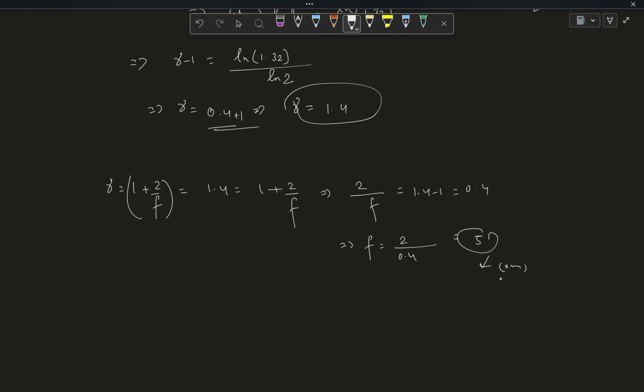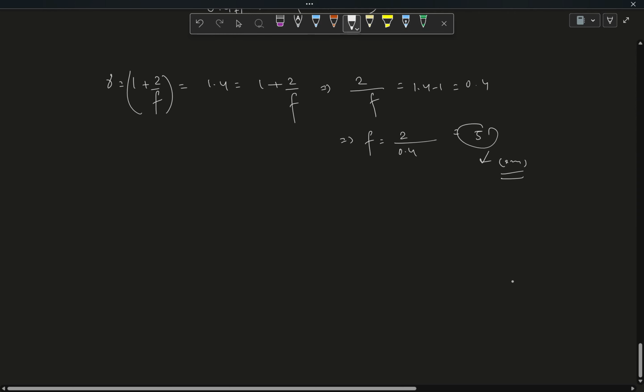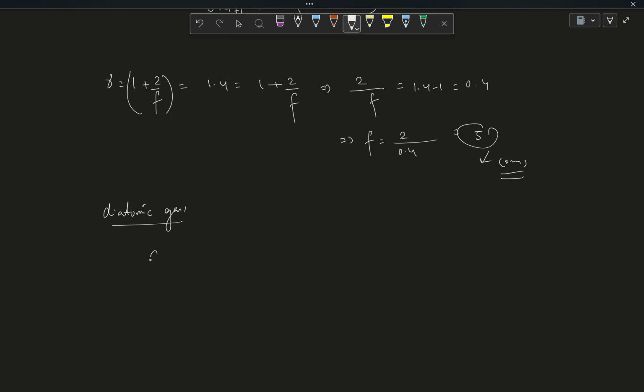That is your answer. And what can you tell about the type of gas from this information? If you remember the degrees of freedom idea, then you know that for diatomic gases the degrees of freedom used to be 5. Diatomic gas means you have two atoms in a single molecule, with a constraint between them. So m equals 1, the number of constraints, and the number of atoms n is 2.